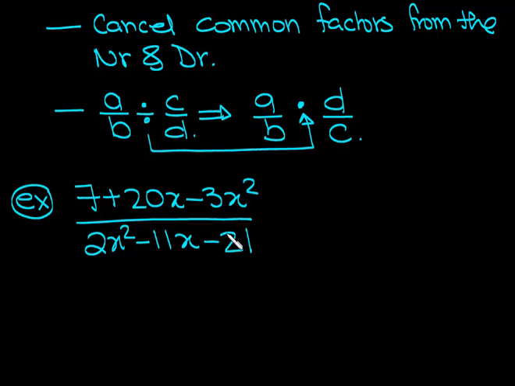I'm dividing these two polynomials, and the problem will say simplify. So you can clearly see we are simplifying a rational expression because you have a polynomial on the top and a polynomial on the bottom.